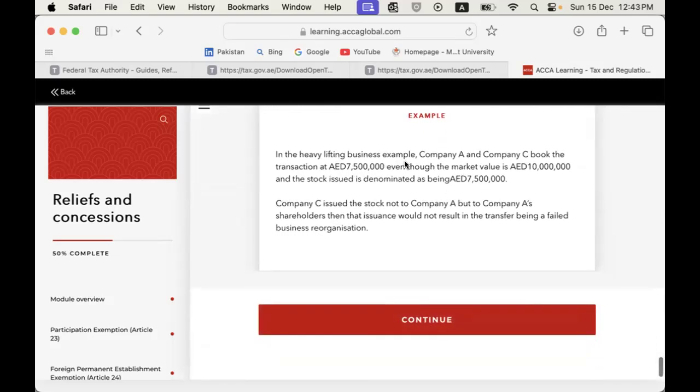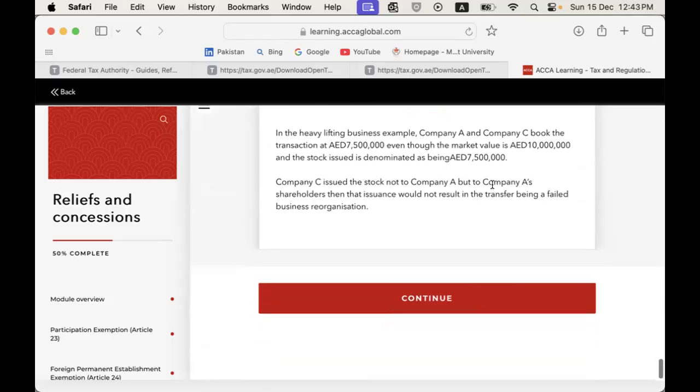In the heavy lifting business example, company A and company C booked the transaction at 87.5 million dirham. You remember, this is the net assets value, basically, right? Overall book value of the business. Even though the market value was 10 million and the stock issued is denominated as being 7.5 million, if company C issued the stock not to company A, but to company A's shareholders, then that issuance would not result in the transfer being a failed business reorganization.